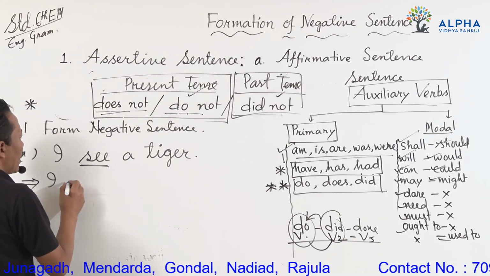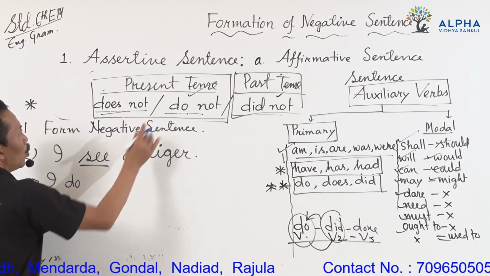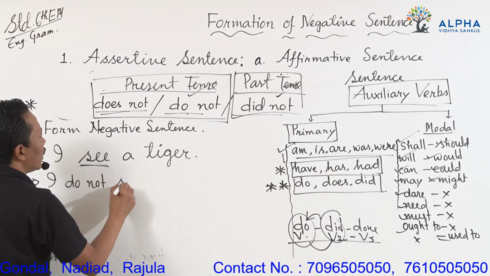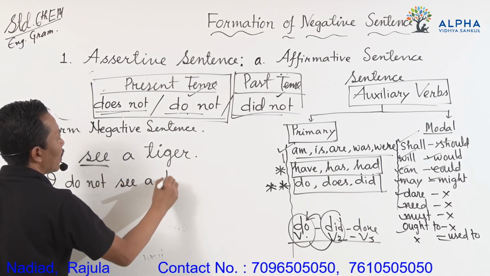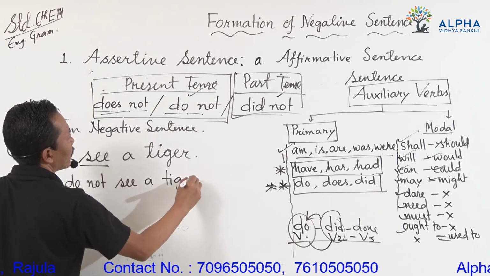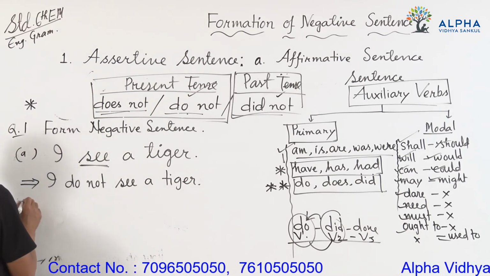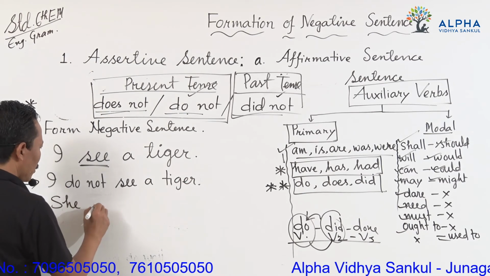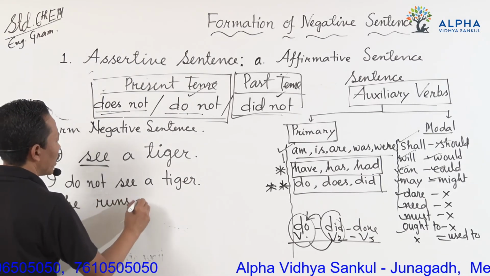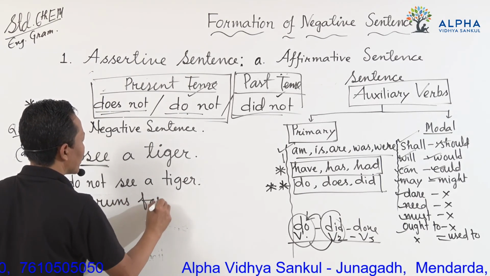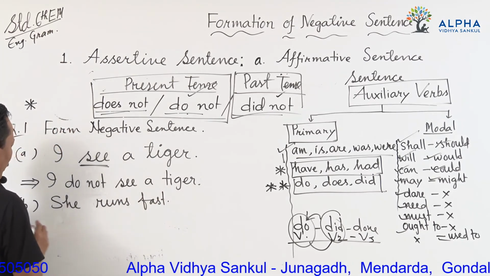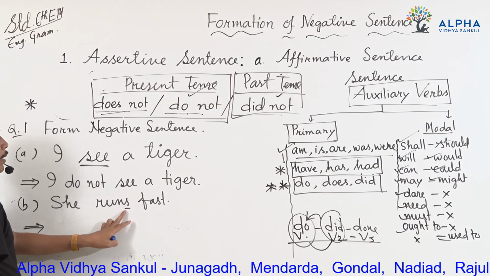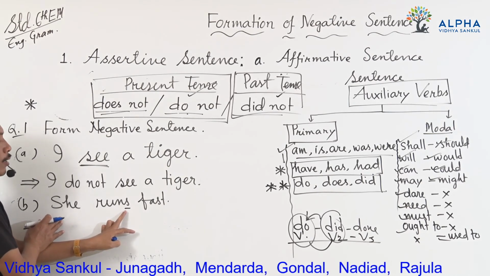See, I do not see a tiger. Here, if she runs fast, students, here the verb ends with s, because this is the third person singular number.